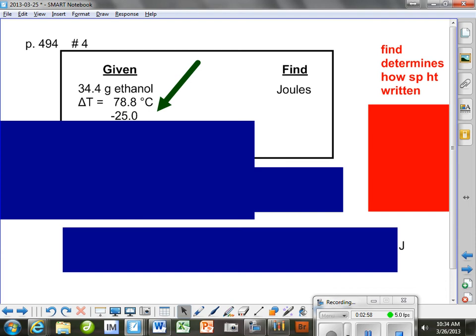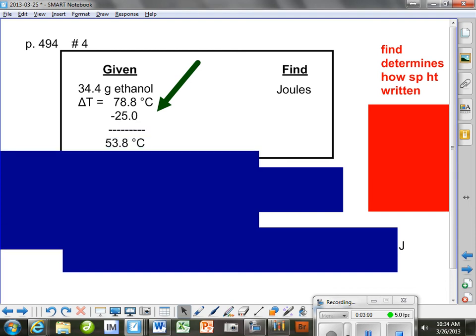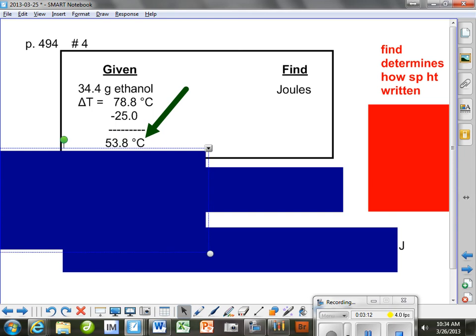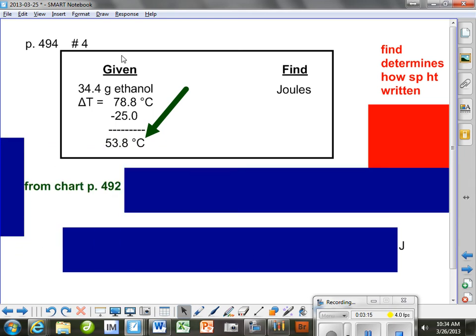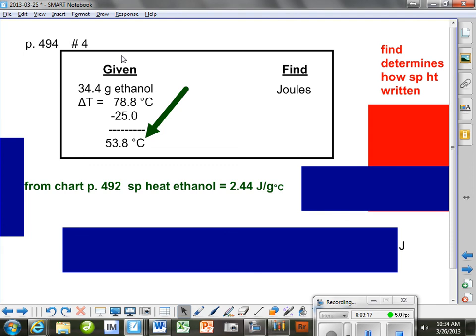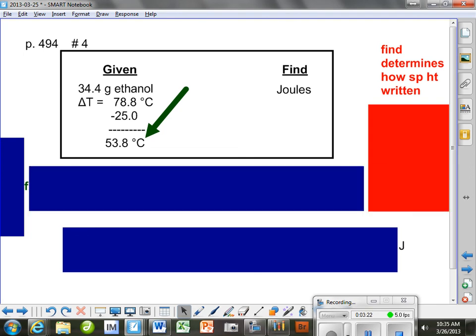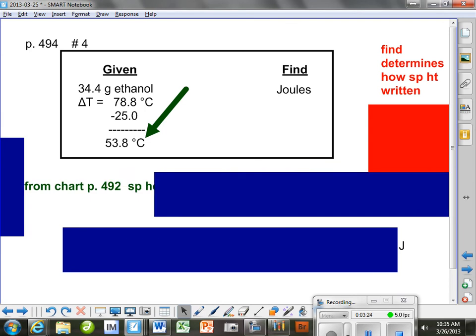Okay, so when we subtract the beginning temperature from the ending temperature, that, right down here, is our delta T. And delta T is what we have in the specific heat.